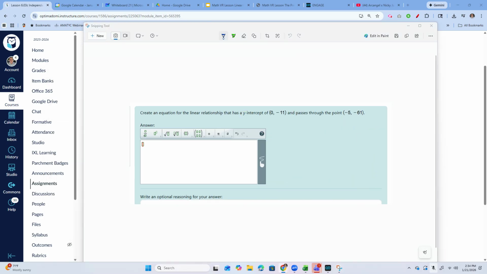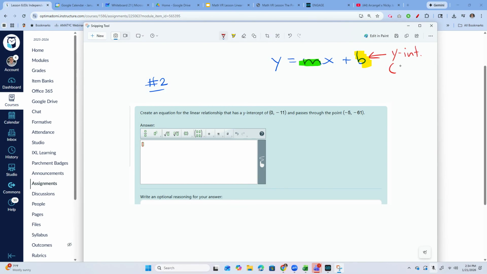All right, the next problem here, this is question number 2. Okay, like I have shown you in all the other problems, we're finding the equation of the line that looks like this, y equal mx plus b. We want to find the value of m, the slope, and we want to find the value of b, the y-intercept. Okay, let me write that down. So this is the y-intercept, and the y-intercept is a point on the y-axis that looks like this: 0 comma b.